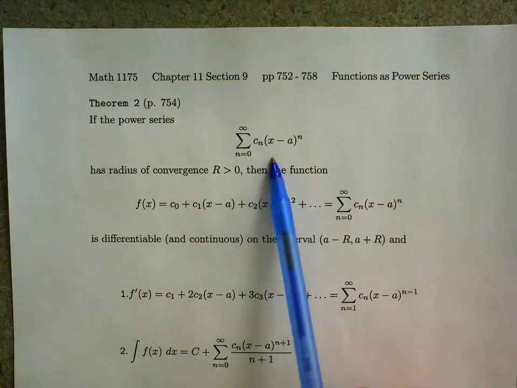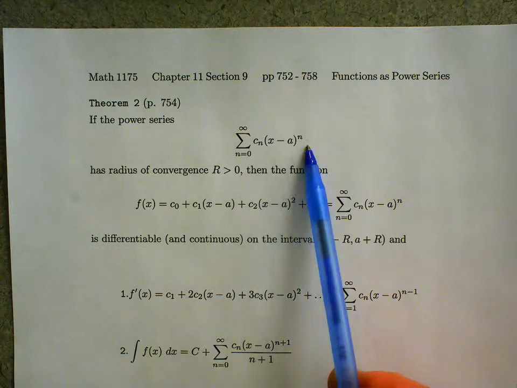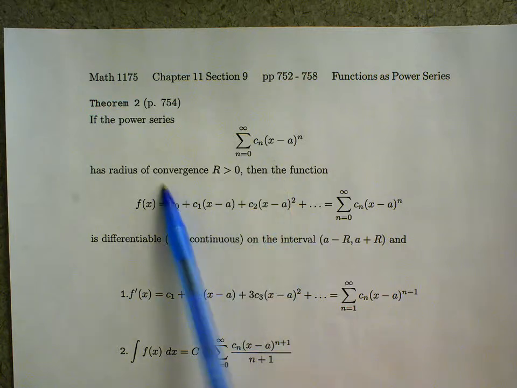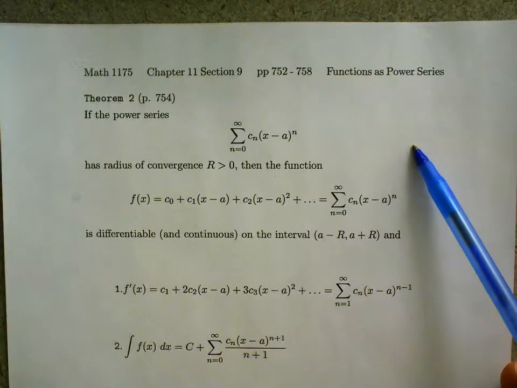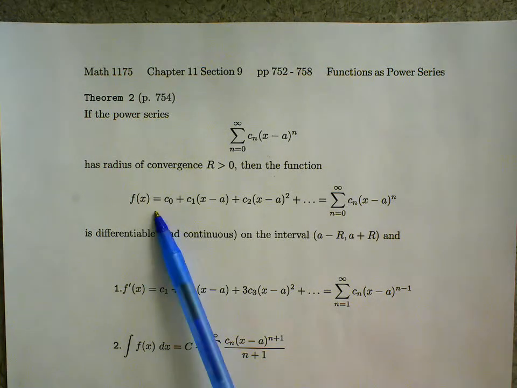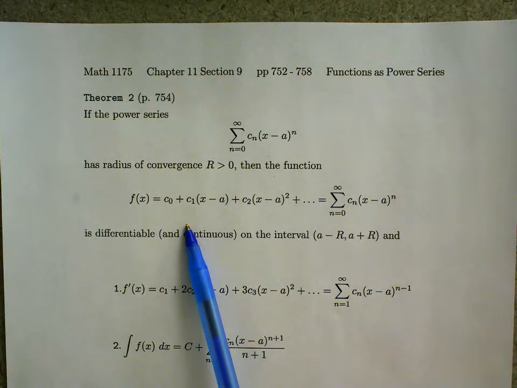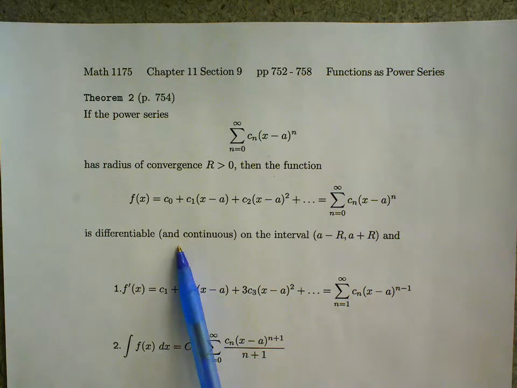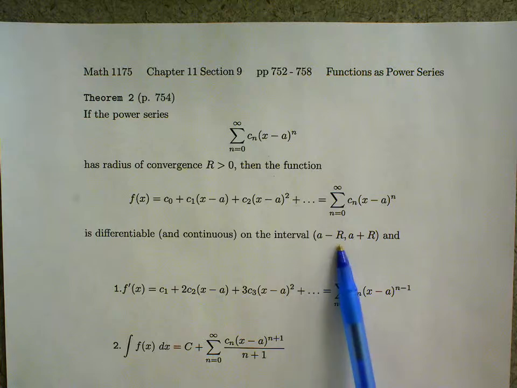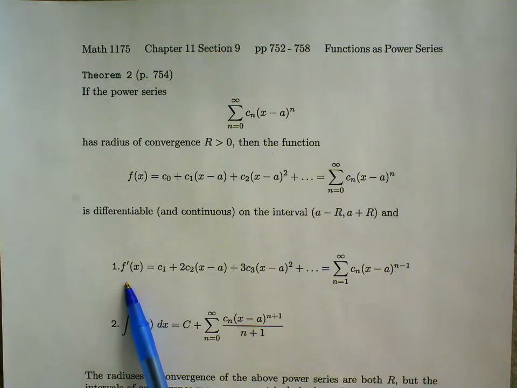If the power series about a, the terms are c sub n times x minus a to the n, has a radius of convergence, capital R, which is greater than 0, then the function f of x, that's what we get when we expand the power series, is differentiable and continuous on the interval from a minus R to a plus R. And we can compute the derivative, f prime of x.